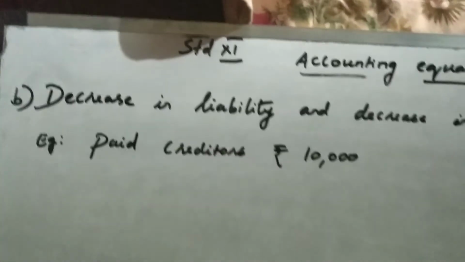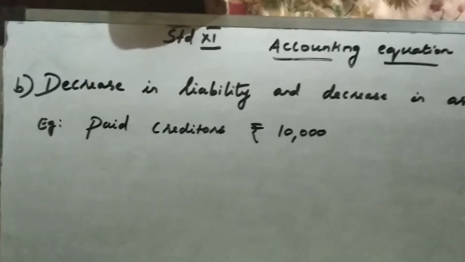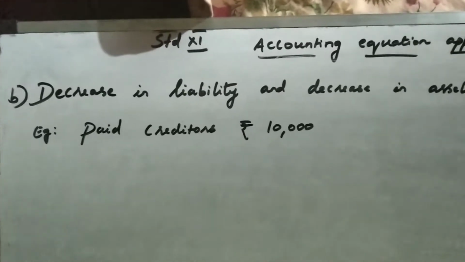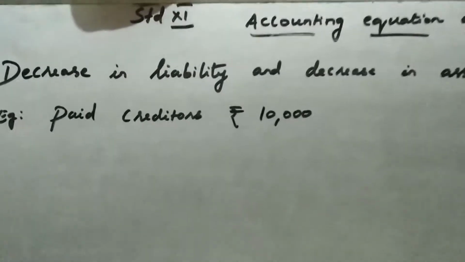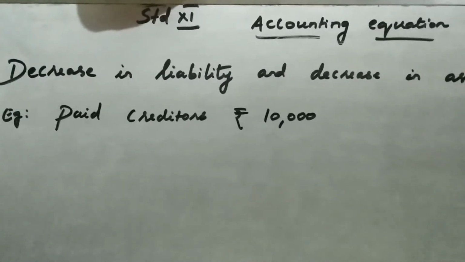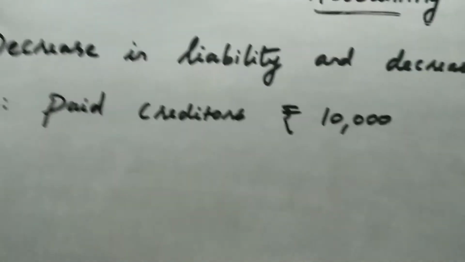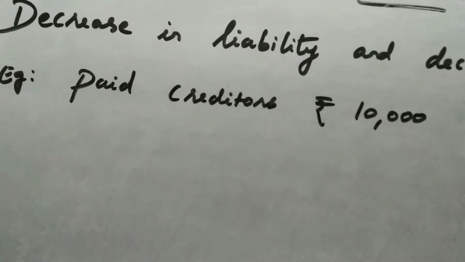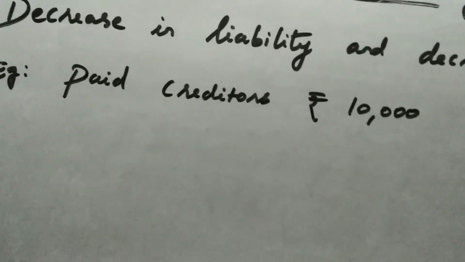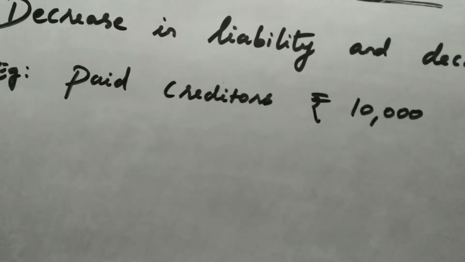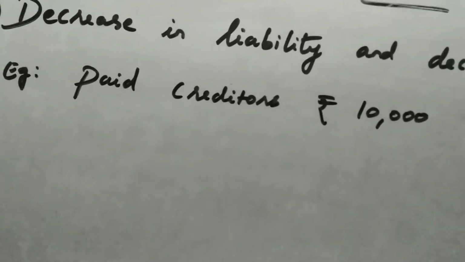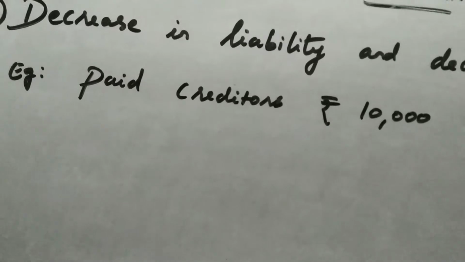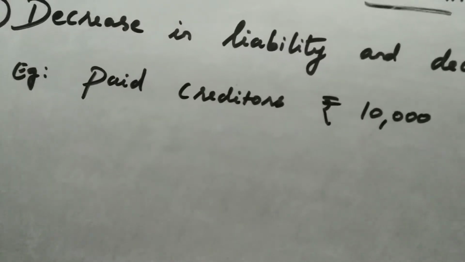The next transaction: decrease in liability and decrease in asset. Let us take paid creditors 10,000. So who is a creditor? The one who gives us some benefit without receiving money immediately. Such a person is called our creditor.